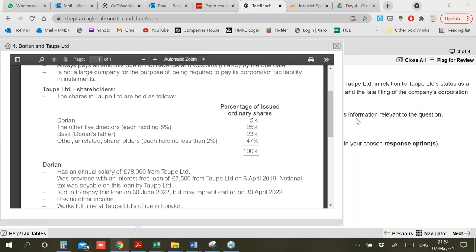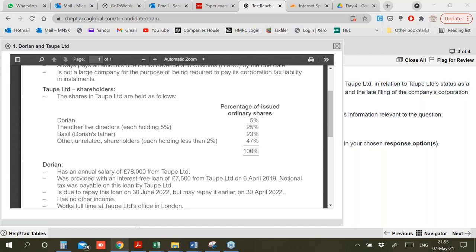Johannes, your answer is right: his father, the directors, and he, if we add all of their ownership, these guys are controlling the company. So D and the father will be considered as single, that is 28%, 23% father and 5% D, plus 25% other directors. So by this, our answer will be 53%.